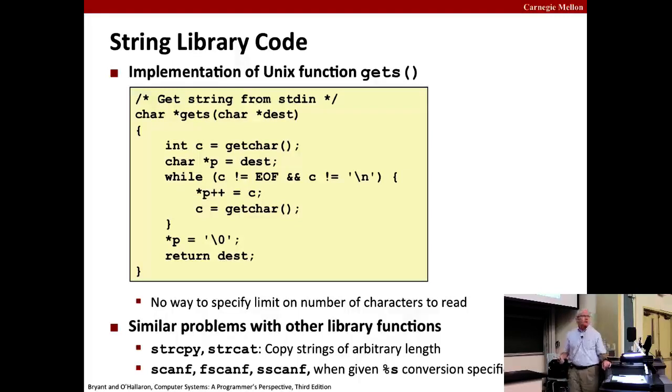A similar one is called strcat, which is used to concatenate two strings and copy them to another destination. And the scanf functions also have this problem: in the format string, you can give the %s directive, which says read in a string and store it someplace.